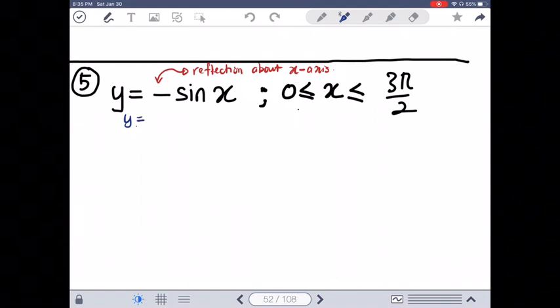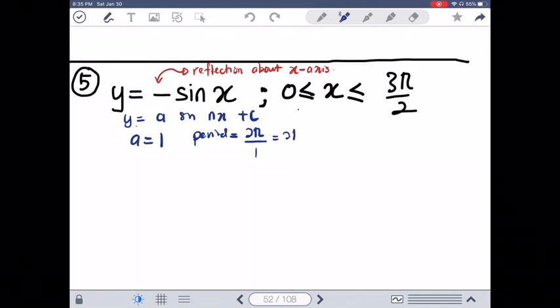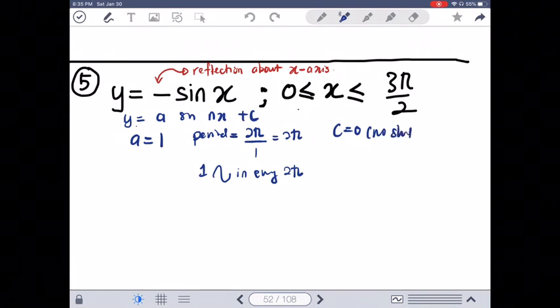y equals a sine nx plus c. So our a is equal to 1, our period is equal to 2 pi over n. In this case, our n is equal to 1, so it's just 2 pi. One cycle in every 2 pi. And our c is equal to 0, so there is no shift. Okay.